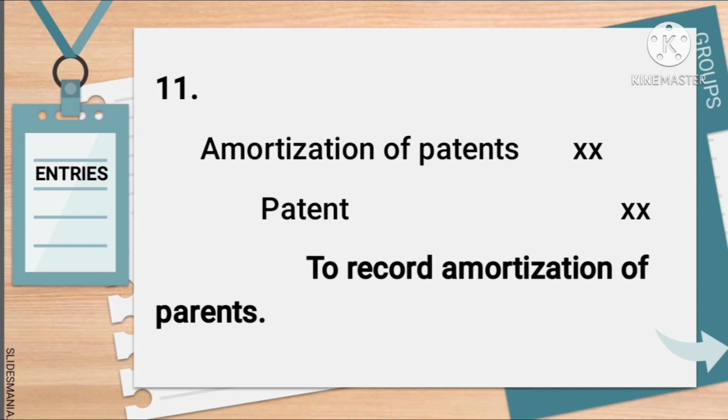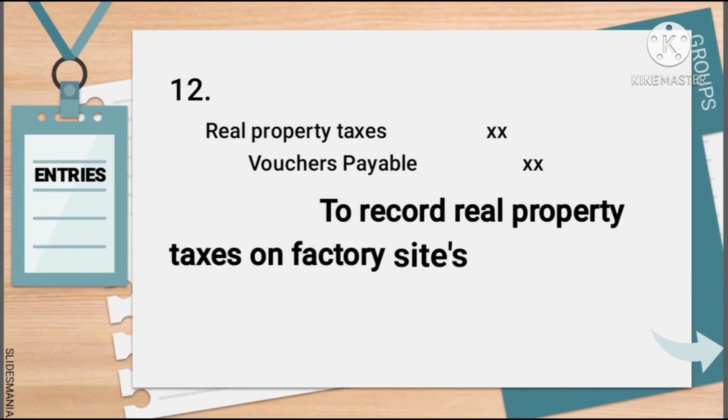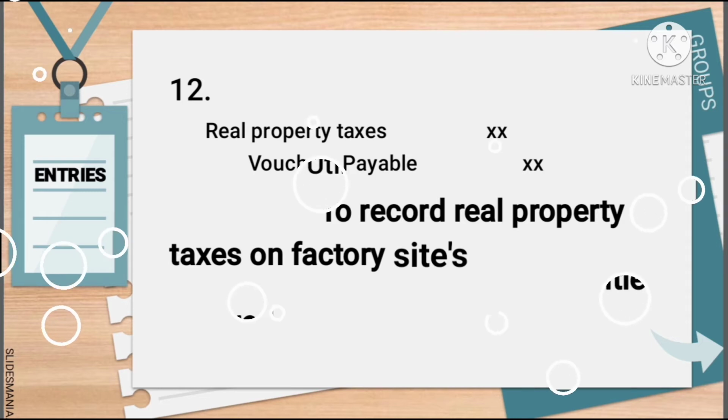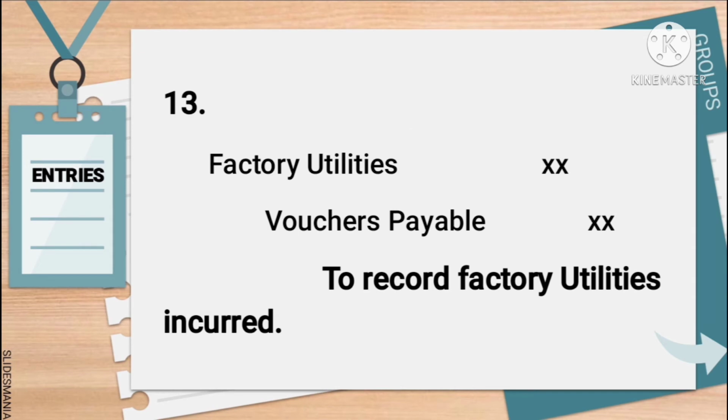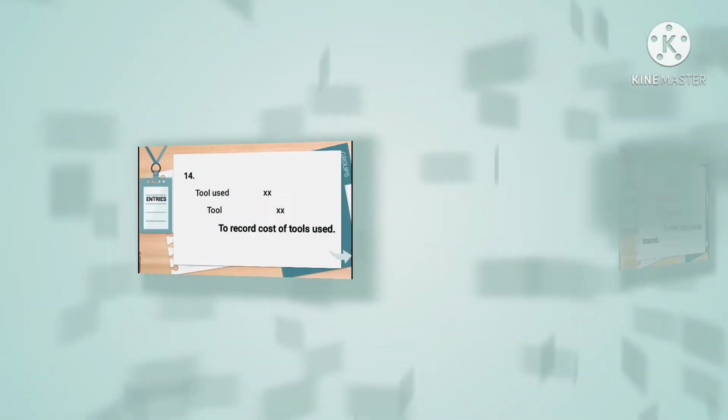Debit amortization of patents. Credit patent. 12 is to record real property taxes on factory site. Debit real property taxes, credit vouchers payable. 13 is to record factory utilities incurred. Debit factory utilities, credit vouchers payable.